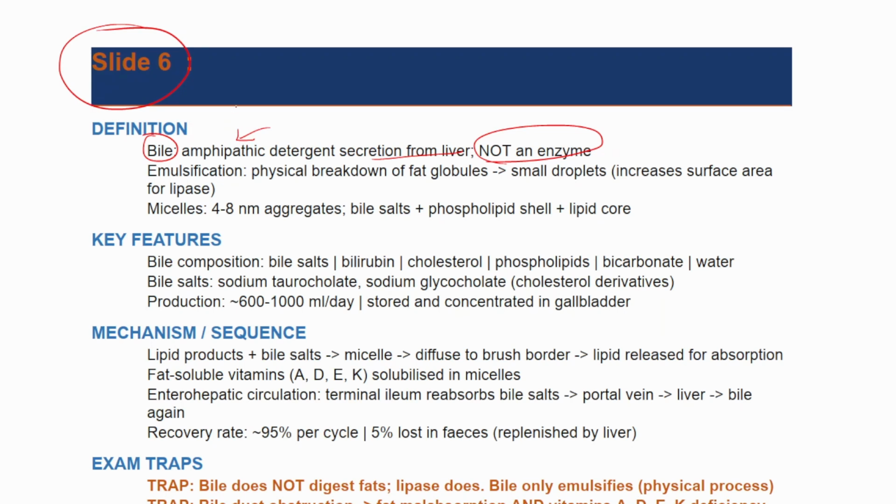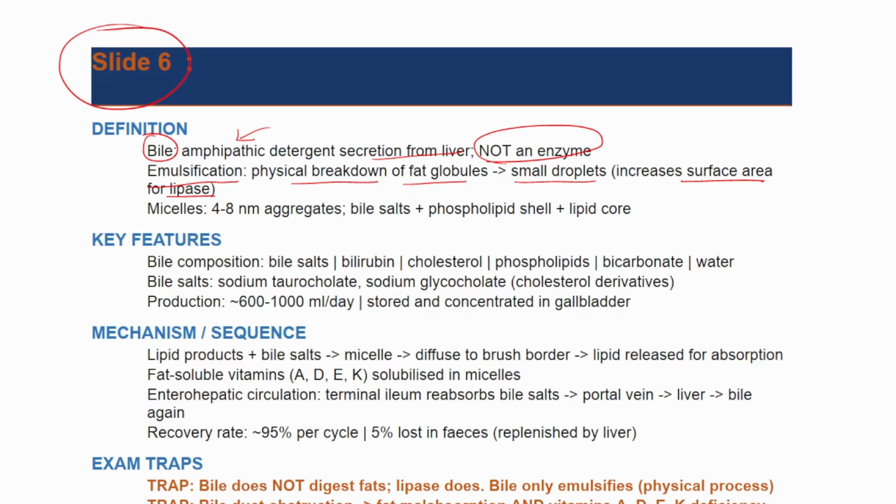Amphipathic means it has both hydrophobic and hydrophilic parts. Since we know bile acts as a detergent, let's explore how it carries out this emulsification process. This mechanism is defined as the physical breakdown of large fat globules into small droplets, acting to increase the total available surface area for lipase contact.